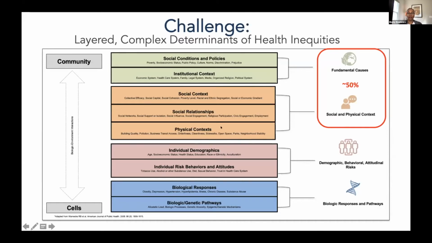And in this model, the early pathways, the genetic biological pathways, are determinants of health and wellness, as are individuals' biological or physiological responses, such as hypertension, hyperlipidemia, et cetera. But then also their individual behaviors and attitudes play a role in their presence or absence of illness or well-being.